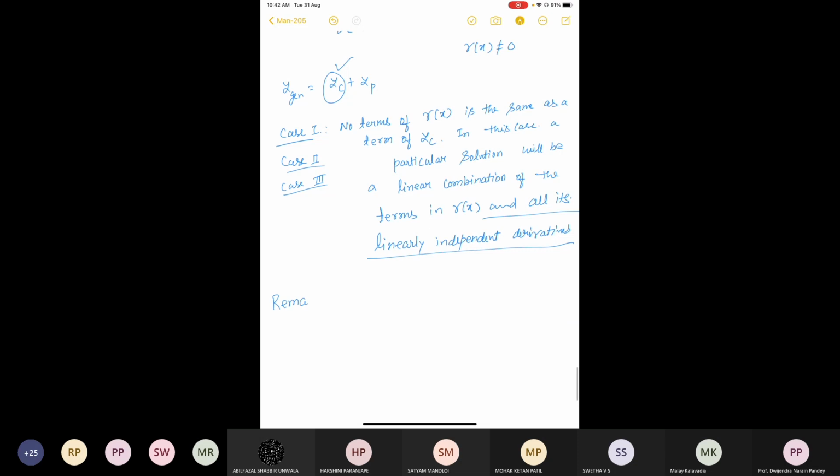Let me write it in red. This method is applicable only when this r(x) does not contain any term which has infinitely many, just hold on.